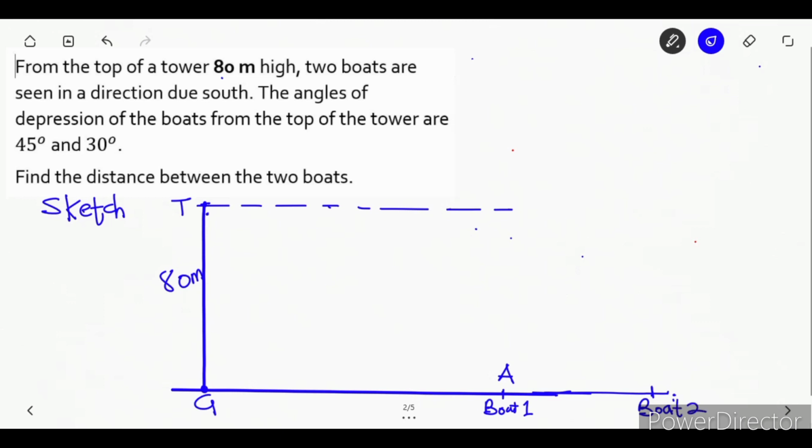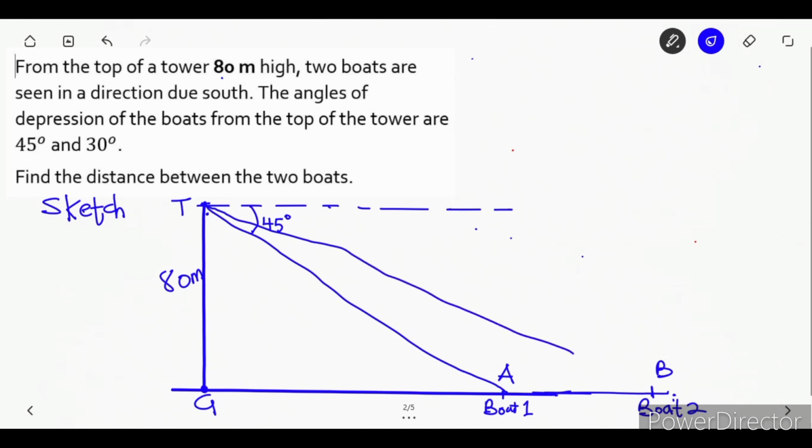So I call this point B, and from here down to this boat 1, the question says the angle of depression is 45 degrees. 45 degrees from this point to this point. Then the angle of depression for the other boat, the question says, is 30 degrees.